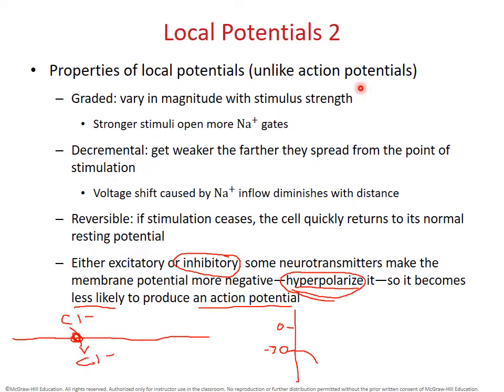By the way, these local potentials that we've been talking about are often referred to as postsynaptic potentials. So let's think about why in the nervous system, we call these graded potentials or local potentials postsynaptic potentials, though they don't always have to be postsynaptic potentials. So let's clarify that a little bit.